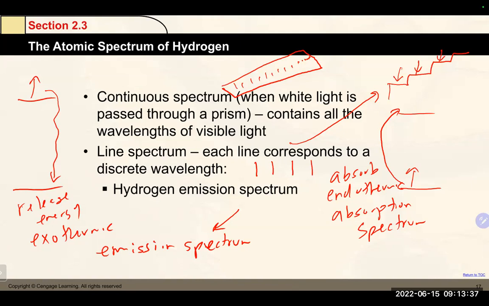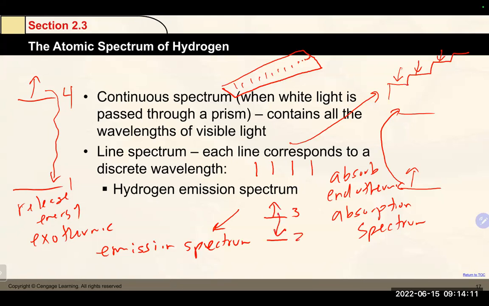You look at it through a prism, it would be separated out, and you'll see these distinct lines as specific colors, which correspond to specific wavelengths of light. Each of those colors is responsible for, say, an electron on the fourth energy level that went all the way down to the first energy level, and it gives off a specific wavelength, as opposed to an electron on the third energy level that only transferred down to the second energy level.